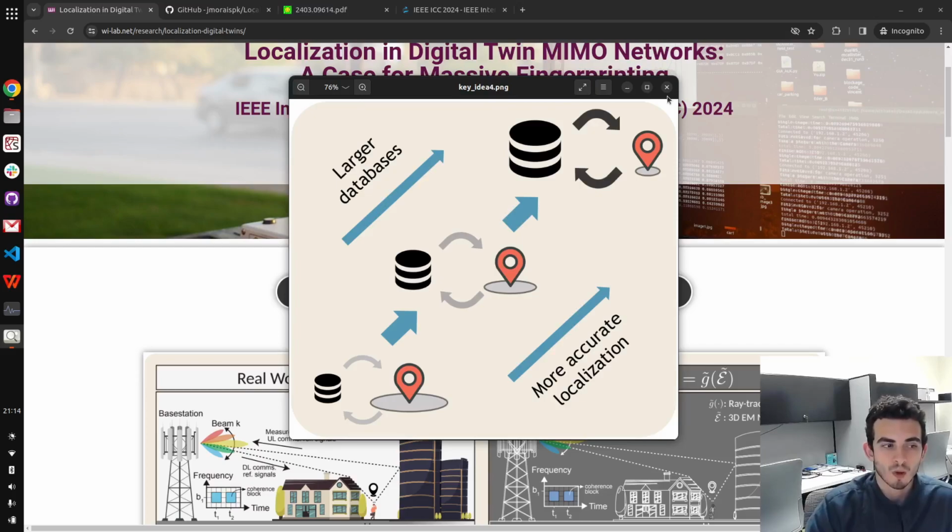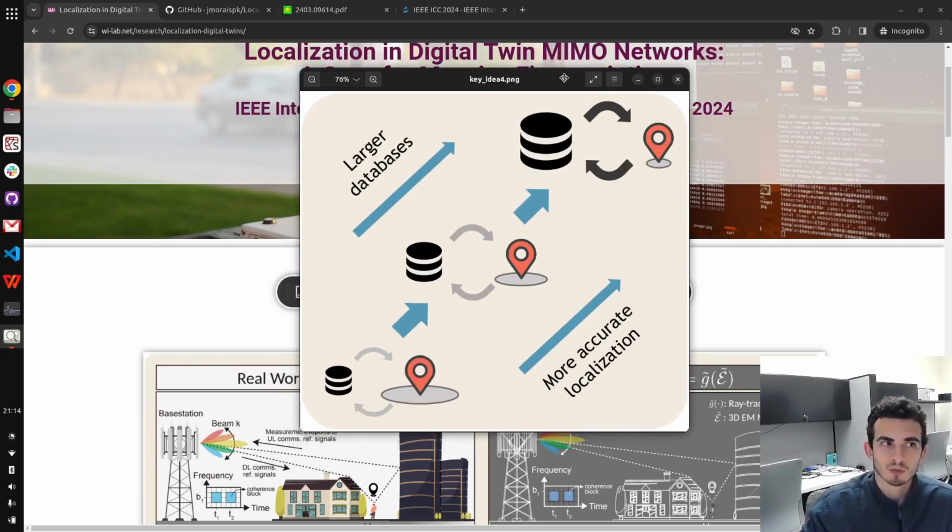So while the problem of creating databases was very hard and there were no very good solutions, now we have the problem of creating a realistic digital twin, which everybody's trying to solve anyway. So by transforming this problem, we got quite a different problem to work with.